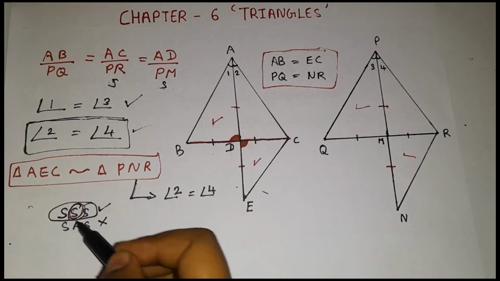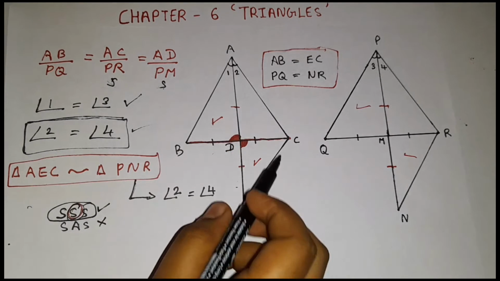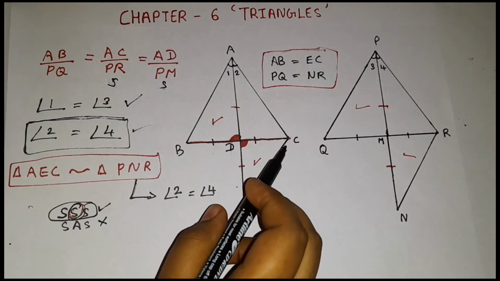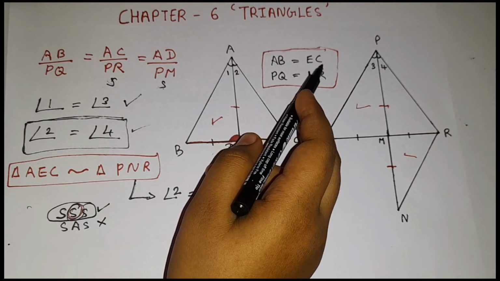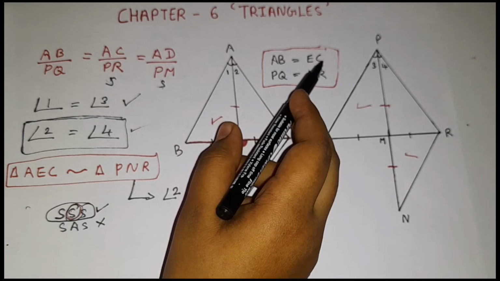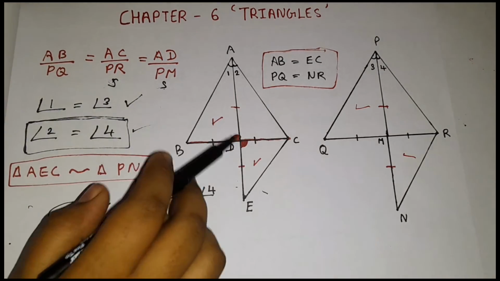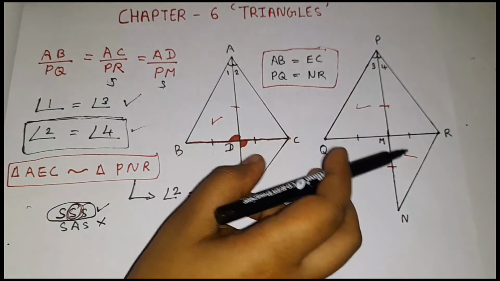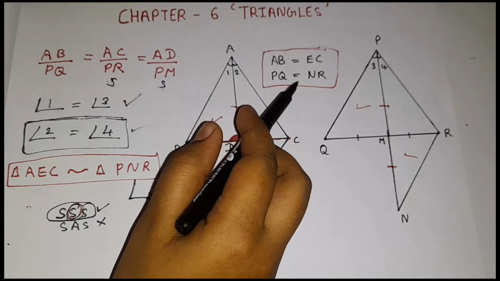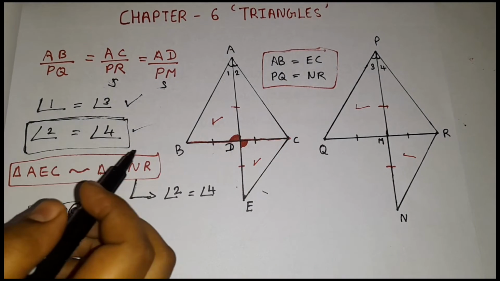If I say AB is equal to EC, then I will be able to prove it is similar. In these two triangles I am supposed to get PQ is equal to NR. To get that, we are supposed to prove it as congruent.